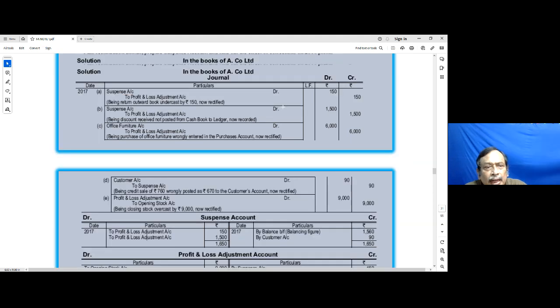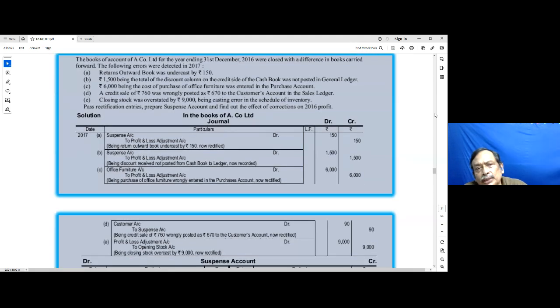We are coming to our last. Closing stock was overstated by rupees 9,000 being casting error in the schedule of inventory. So the idea is closing stock overstated means your gross profit was more, your net profit was more, and closing stock is an adjustment entry, and we pass the entry like closing stock account debit to trading account.